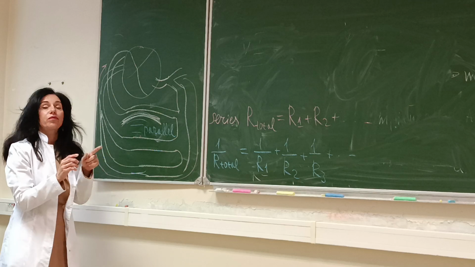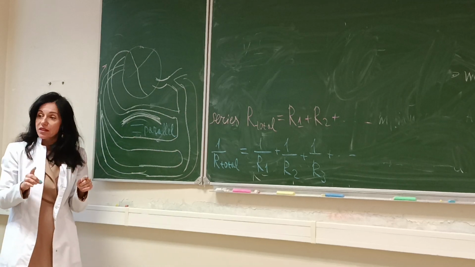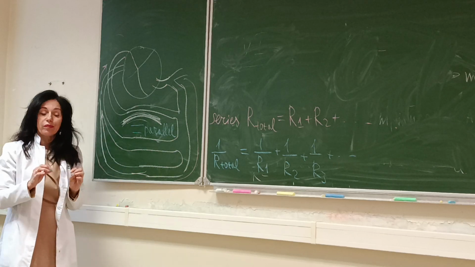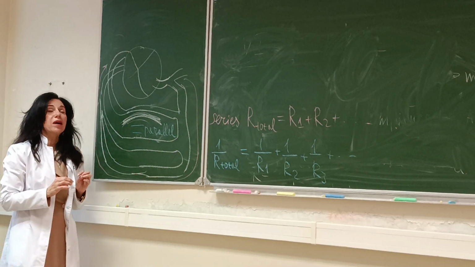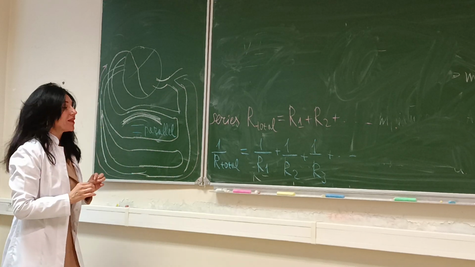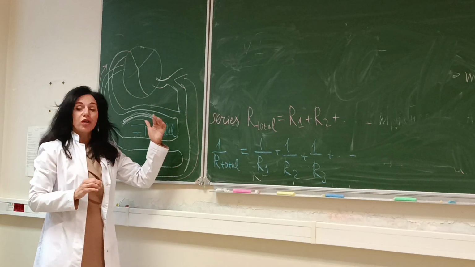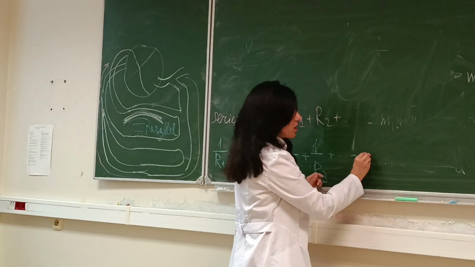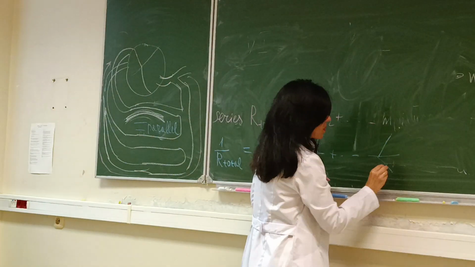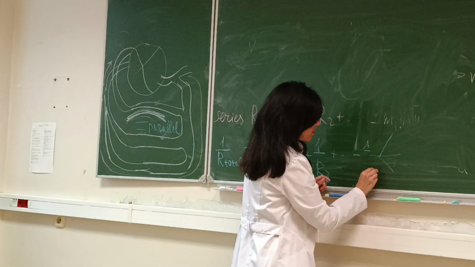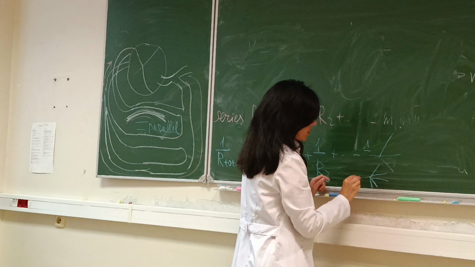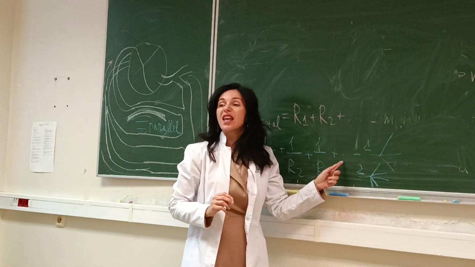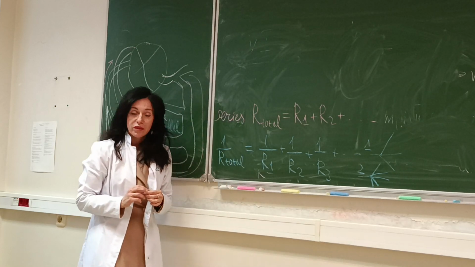And increase of the number of blood vessels inside this parallel bed decreases total resistance. Compare one scheme and another scheme: a lot of capillaries, the second has less total resistance.